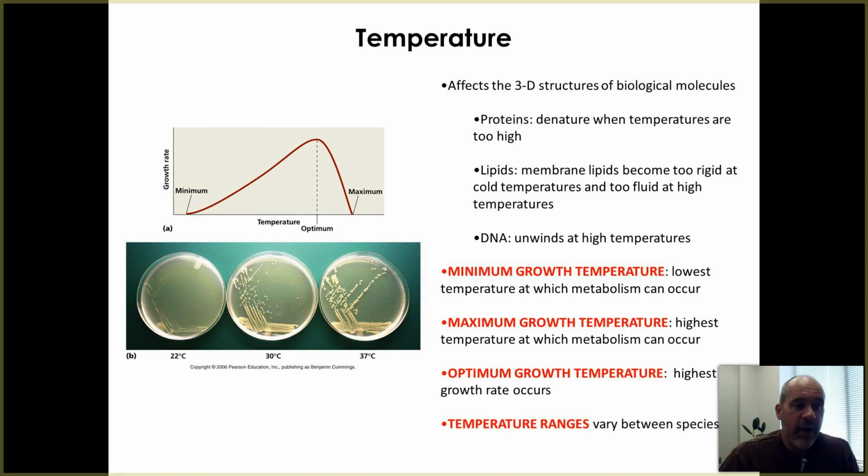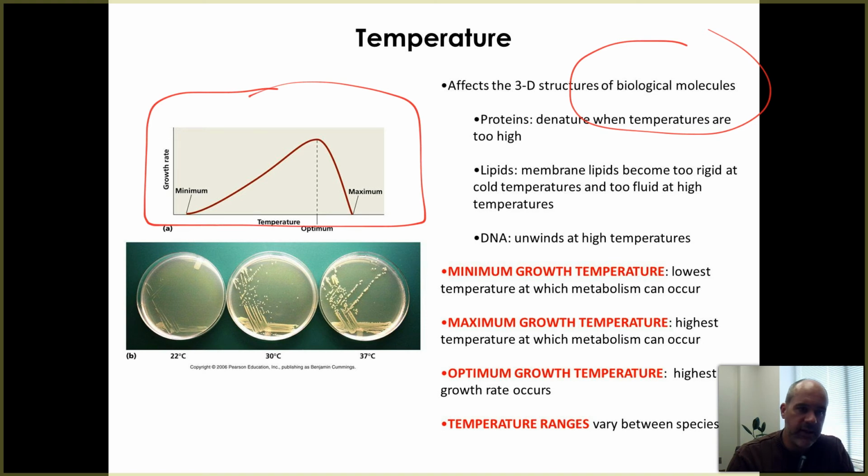Okay, now different microbes are adapted to different temperatures, which means all of their biological molecules are programmed or designed to survive and function at these different temperatures. So what we see over here on this diagram is a growth rate curve on a graph. Over here on the y-axis is the rate of growth of some generic organism, and down on the bottom you've got temperature.